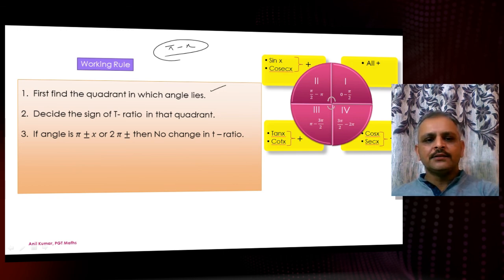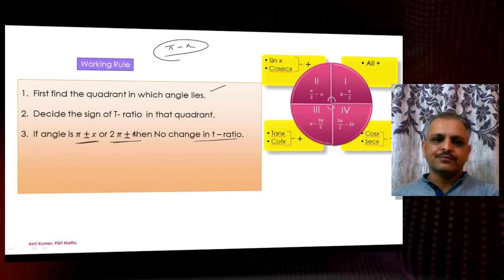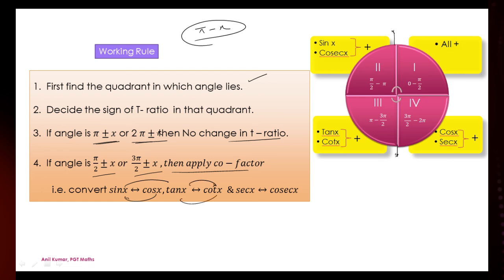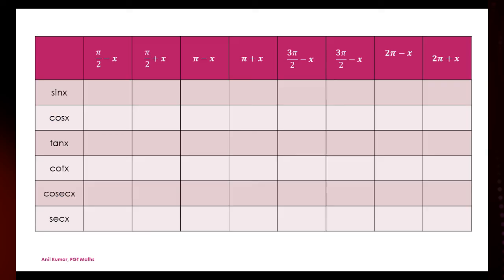So if the angle is pi plus minus x or 2 pi plus minus x, then no change in the t ratio. But in case it is pi by 2 plus minus x or 3 pi by 2 plus minus x, that means if we are measuring it from the y-axis, then apply cofactor, that means convert sine into cos and cos into sine, tan into cot and cot into tan, and secant into cosecant and cosecant into secant.